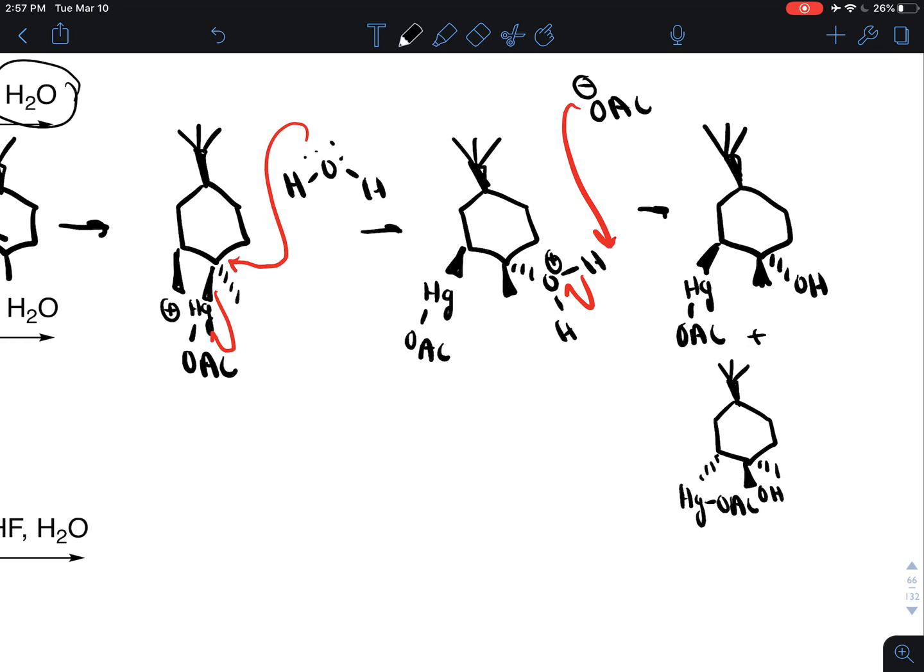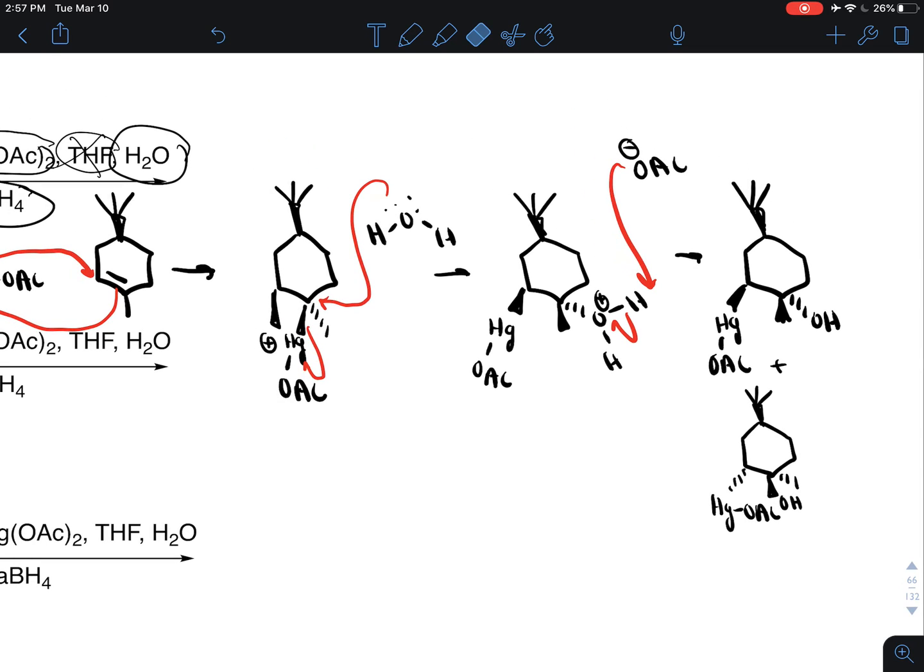So these two diastereomers result from step 1. All that step 2 is going to do, and we don't know the mechanism, is it's just going to take that off. Just take it off. Okay, so that's all we need to know. So essentially, that's our products.